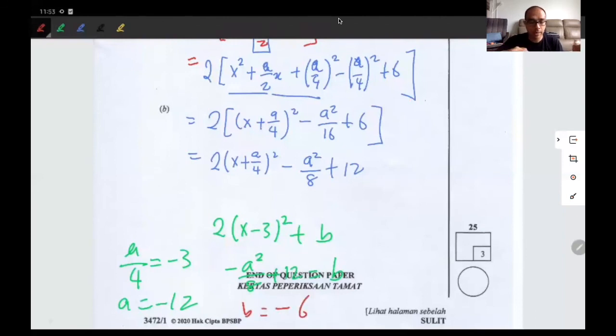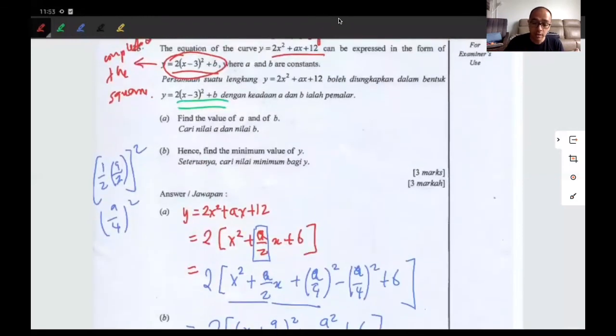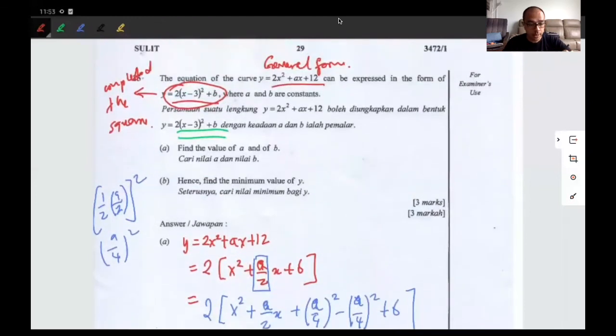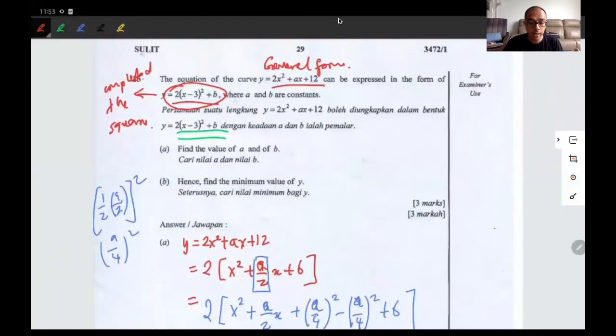Sorry, I'm shortcutting a lot of things now. So hence, find the minimum value of y. The minimum value of y is the value of b, which is negative 6.